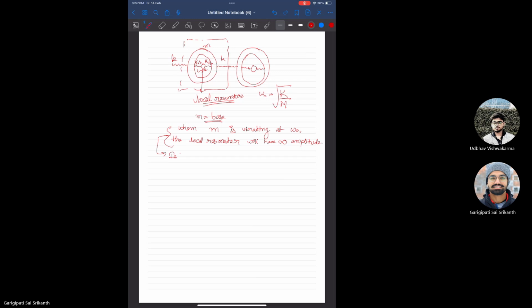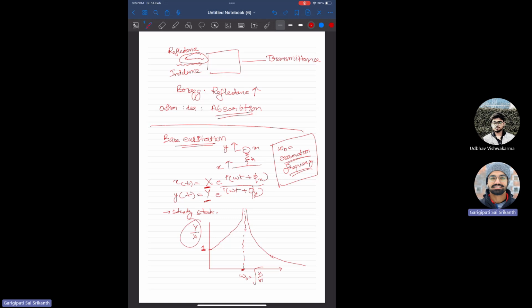But is this possible? If energy is finite, then there cannot be infinite amplitudes. That essentially means that at omega naught, m is not vibrating, because it's about the ratio y by x.